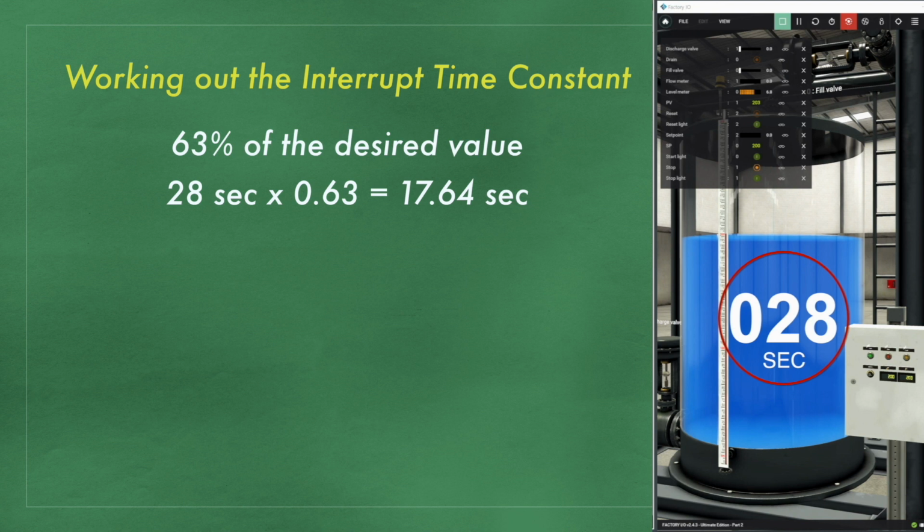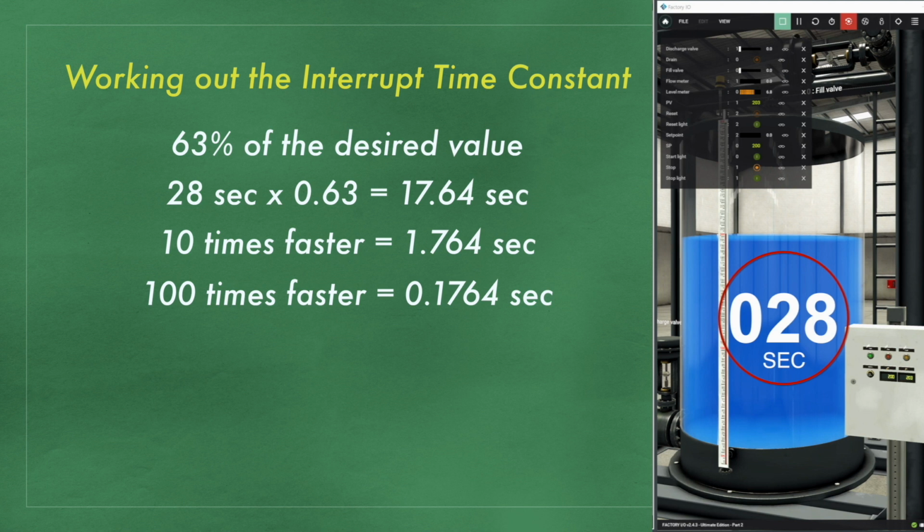I then mentioned we needed a figure of at least 10 times faster than this, but that I decided on approximately 100 times faster after some investigation, which is approximately 200 milliseconds.